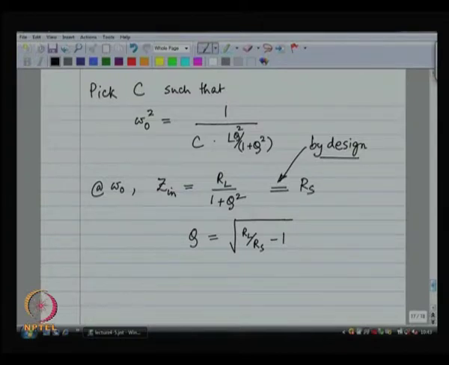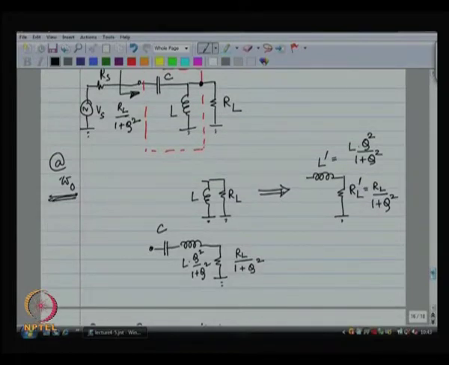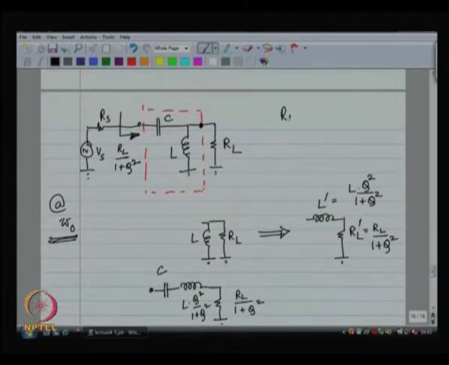Okay. So, this technique works only when R L is greater than R S. So, when R L is lesser than R S, we have to figure out some other matching network. This matching network is not going to do my job.